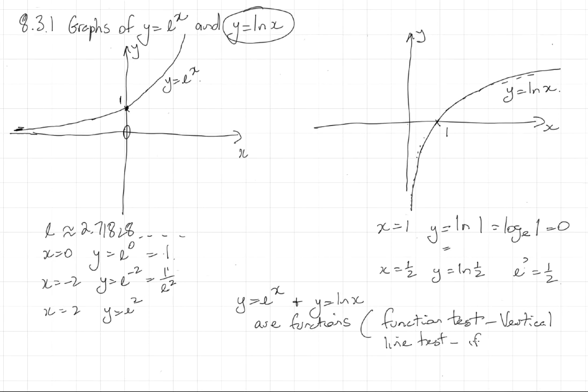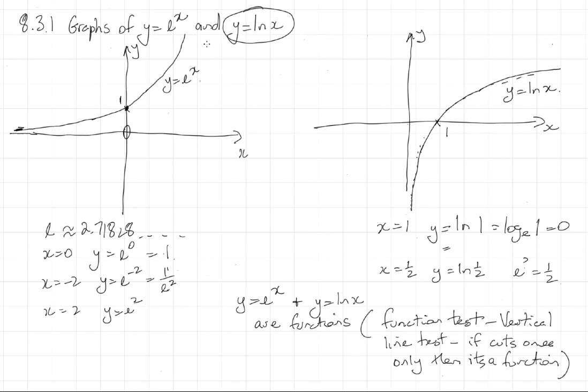And that's if it cuts once only, then it's a function. So if I can draw any number of vertical lines and it only cuts the graph once, then it is a function.